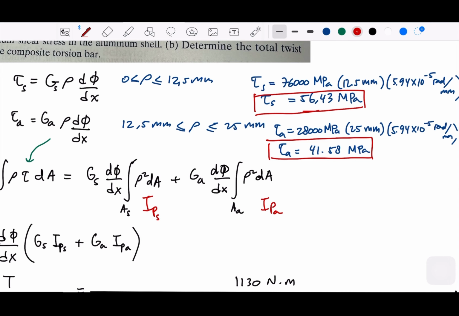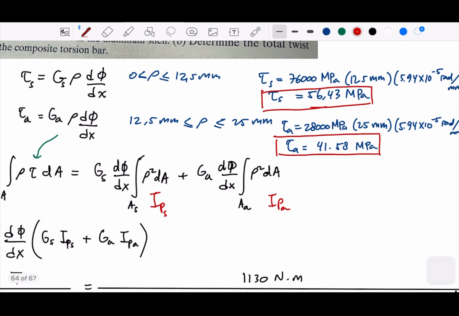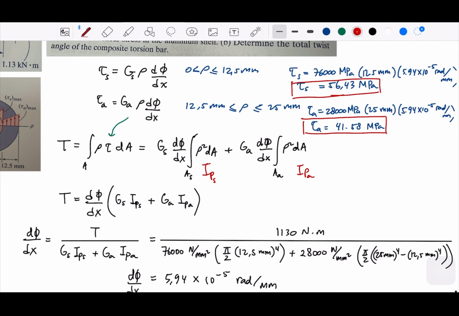Okay, now the second question is asking for the total twist, which means the total twist is, so we know the twist rate, okay, we know the twist rate. So we can say that the angle is equal to the integration from 0 to L of the twist rate dx, right?